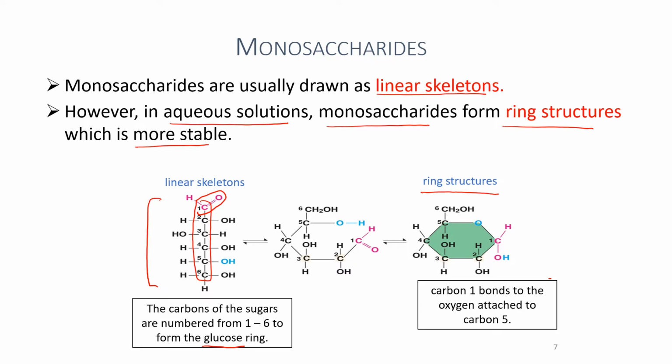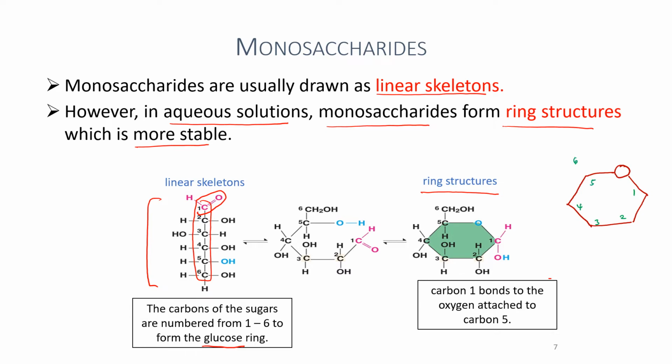for glucose. For example, here if I were to draw a glucose molecule, you just draw an oxygen atom here, and then draw a hexagon-shaped structure. As you know, glucose is a 6 carbon sugar, so you should be able to label all the carbons: carbon number 1, number 2, number 3, number 4, number 5, and number 6.